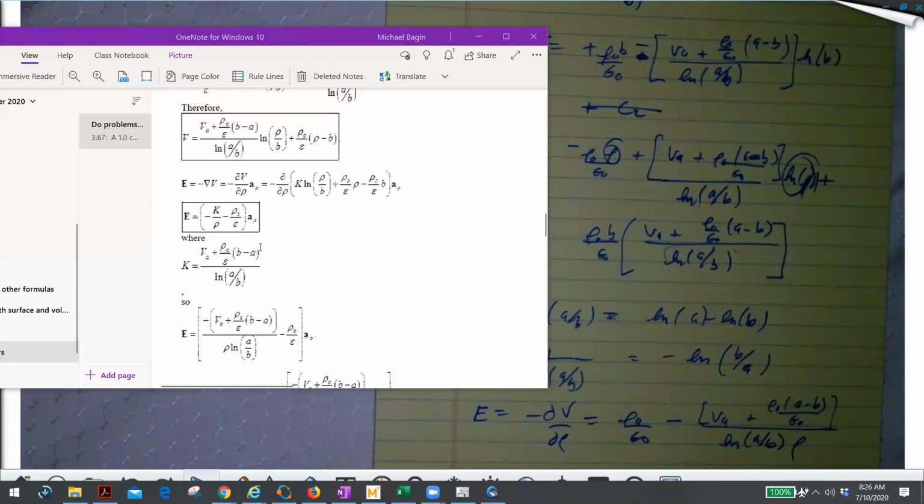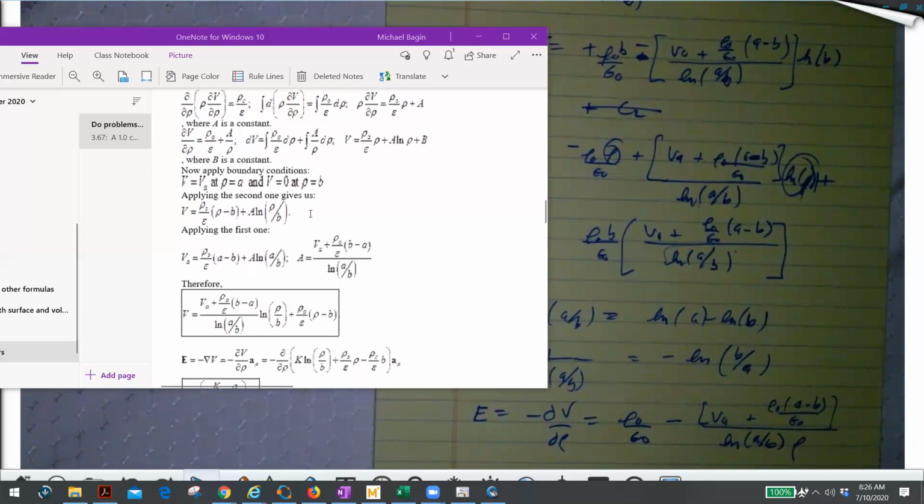So the E field here, yeah, he has minus rho naught over epsilon. I think he may have made a sign error at the beginning of the problem because I did the problem and I got very similar results, but I think he made a sign error in one of the first steps.